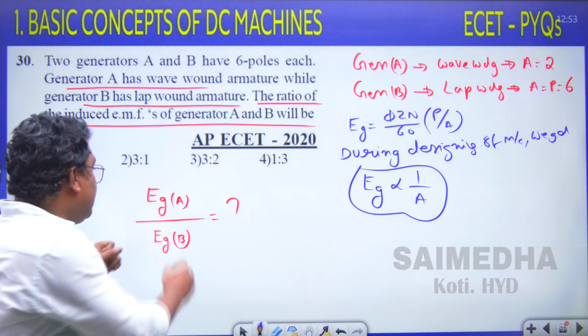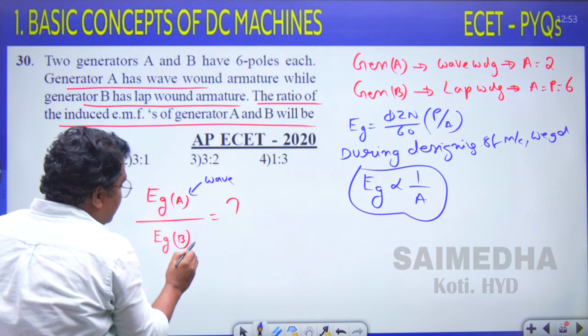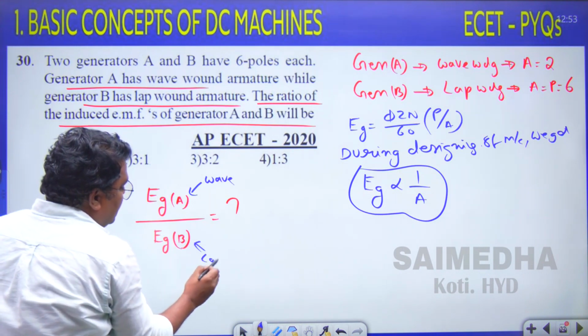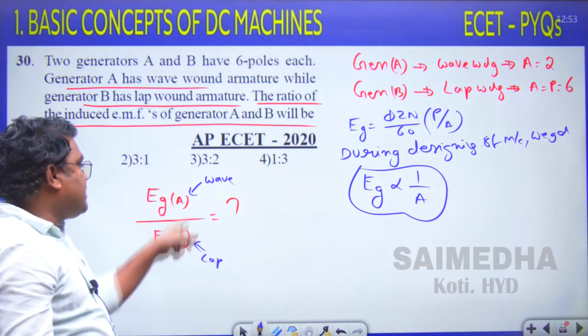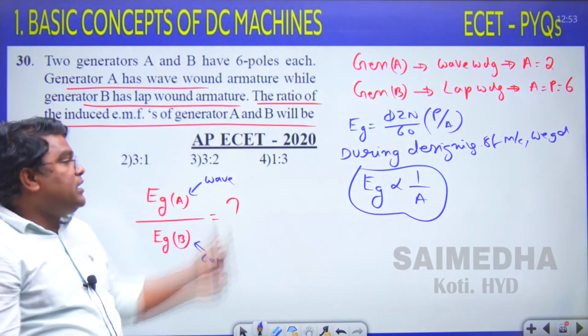So we require generated voltage A, which is wave, divided by generated voltage B, the lap connected armature winding. Be very careful to select: generator A is always the wave connected armature, and generator B is the lap connected armature winding.